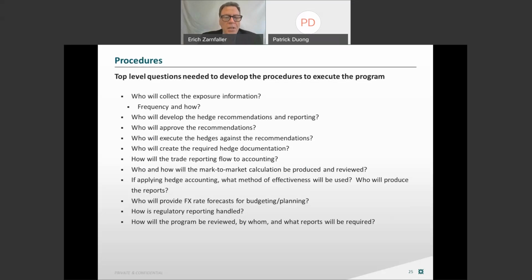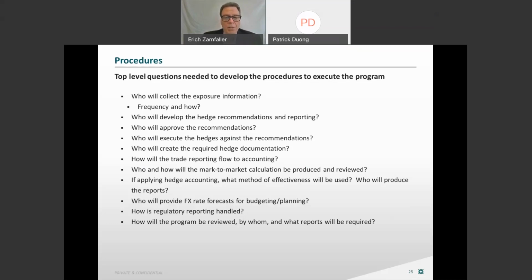If exposures are at the subsidiaries, then they will have reporting requirements of the FX gains and losses, and that may require that procedures need to be added locally as necessary. The procedures make every process and every participant's role clear.